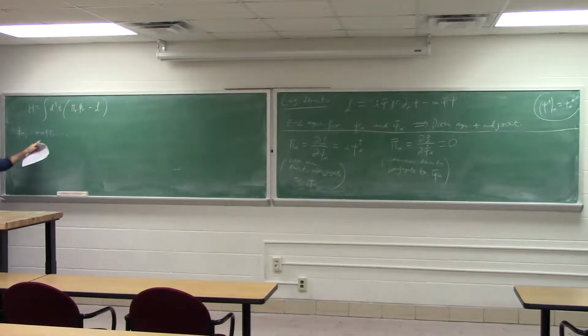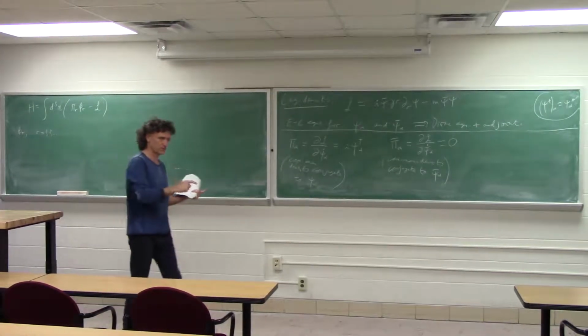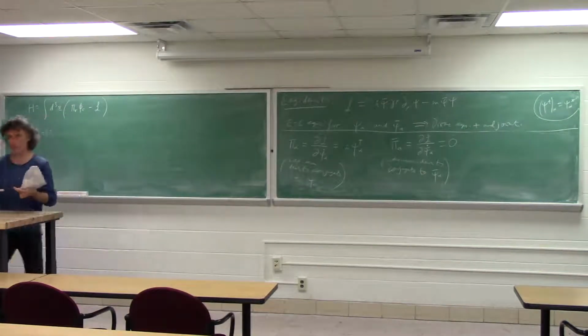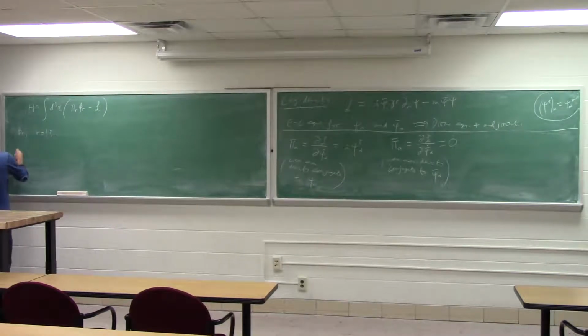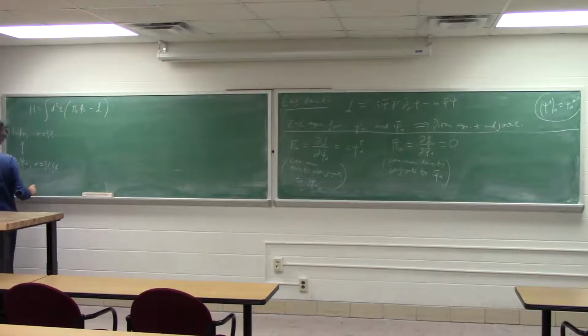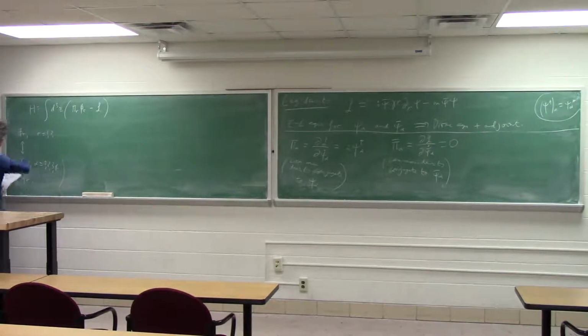This index could label the components of a complex field and its complex conjugate, or components of a vector field, or components of a spinor field. Here we've got psi alpha, where alpha is 1, 2, 3, 4, and we've also got psi bar alpha. And of course, for psi bar alpha, the canonical momenta vanish.